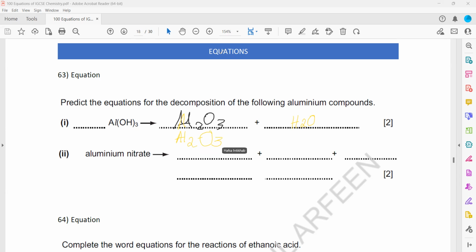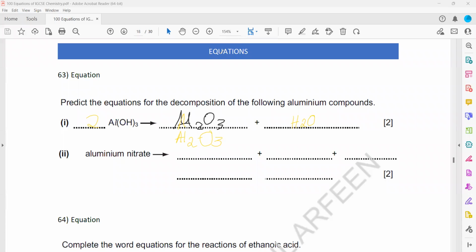Then the second part is balancing the equation. Use the coefficient to balance the equation. So aluminium, when you put 2, aluminium is 2, that's right. But what about oxygen? Hydrogen becomes 6 and oxygen is also 6.